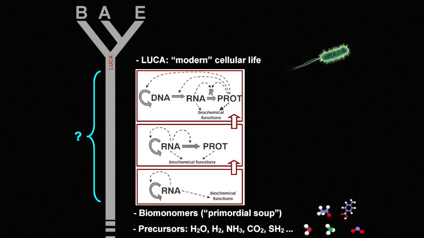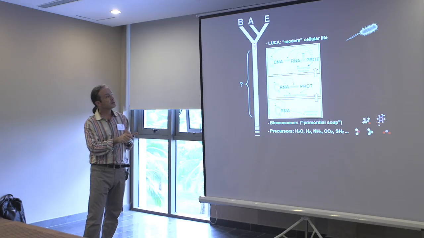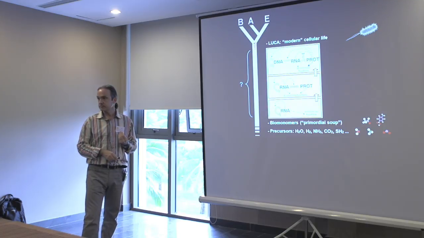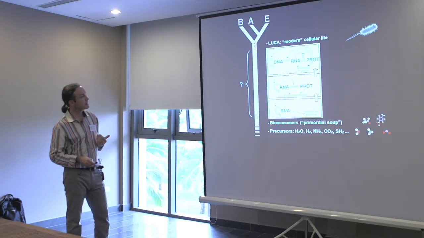So at the end, in our cells, the genetic information is stored in the form of DNA. Most of the biochemical functions are performed by proteins, and RNA is an intermediate, but RNA was probably the first one. So this is the basis of the model.